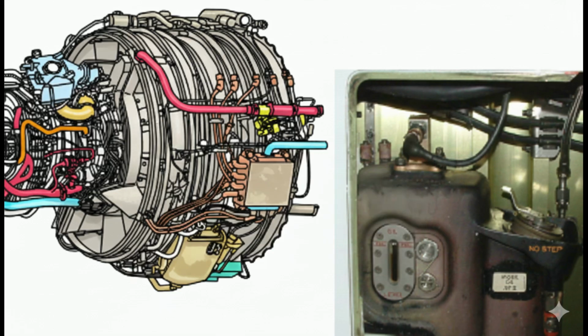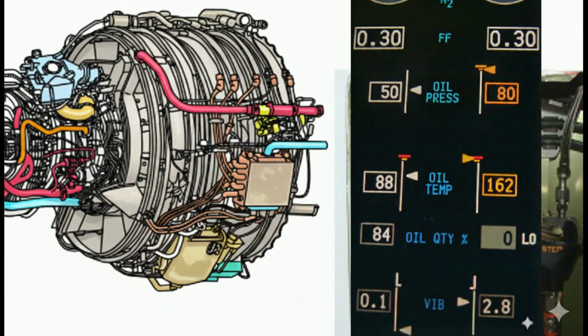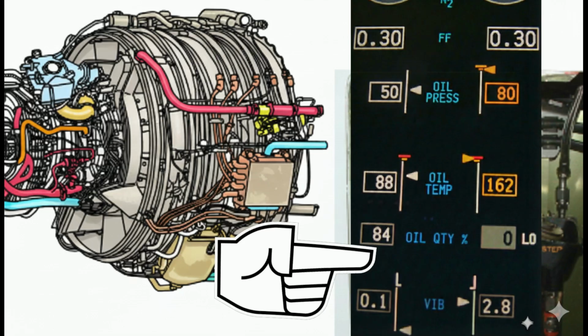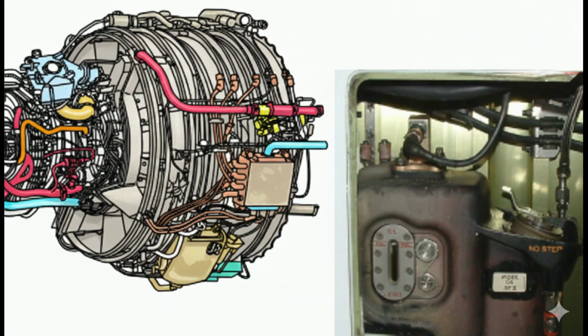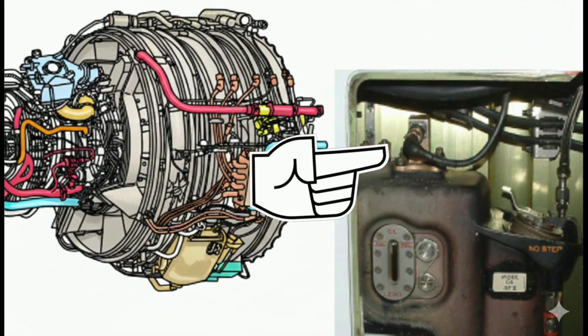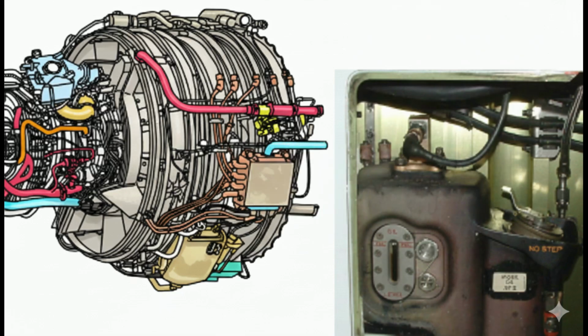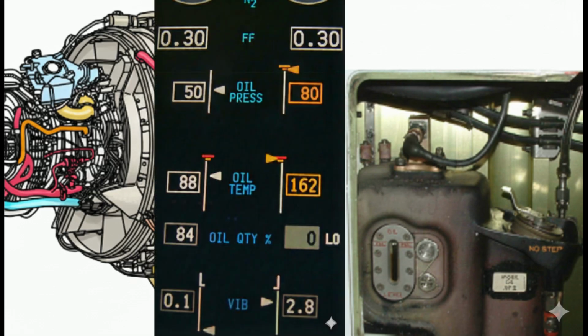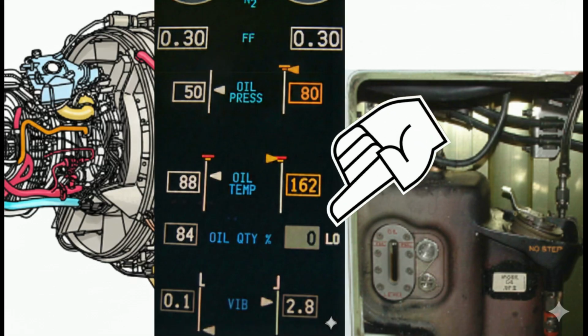The oil quantity indication system displays the reservoir level on the secondary engine display. Transmitter logic. The oil quantity transmitter is a resistive sensor using a floating magnet and magnetic reed switches. As the magnet moves with the oil level, it opens or closes different resistance circuits. Data path. This transmitter sends data directly to the display electronic units.